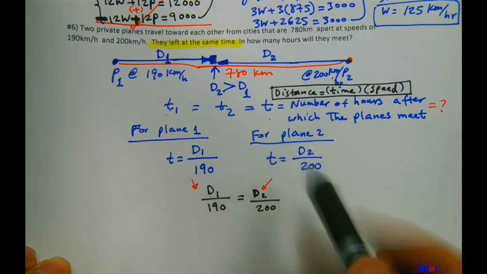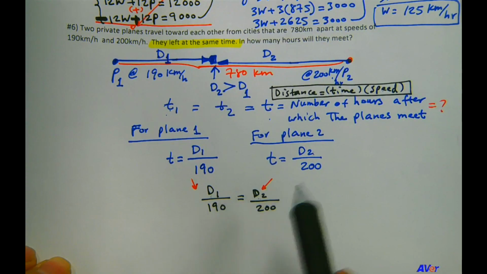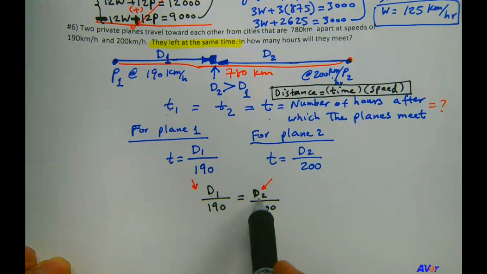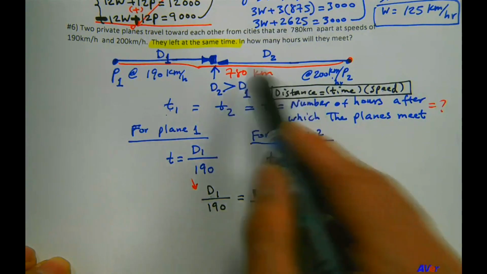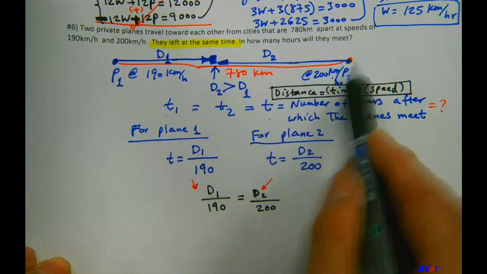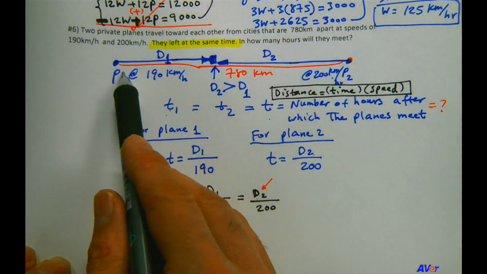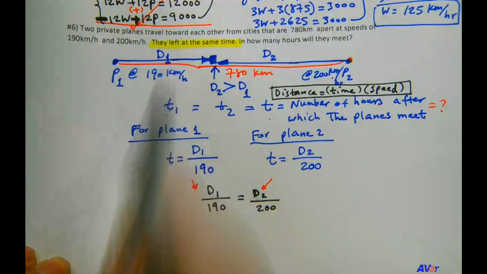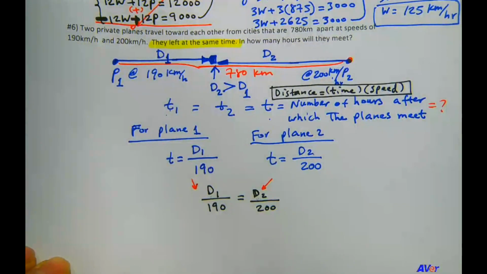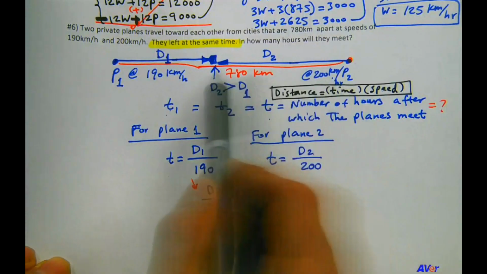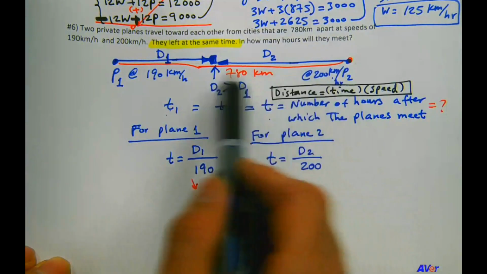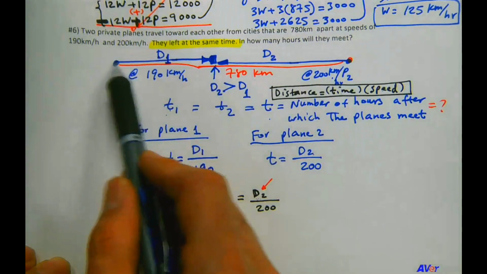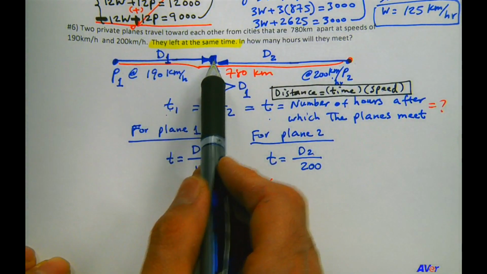So we can say that D2 is equal to 780 minus D1, right? D2 is equal to 780 kilometers minus D1, whatever D1 is.